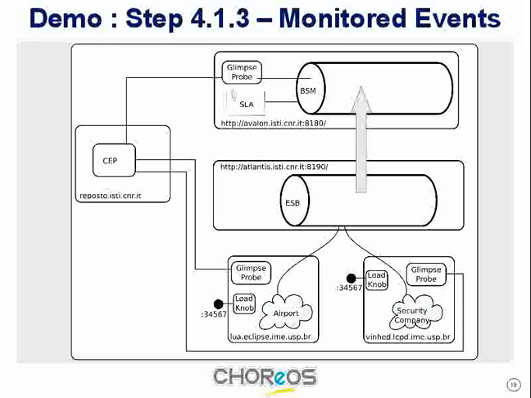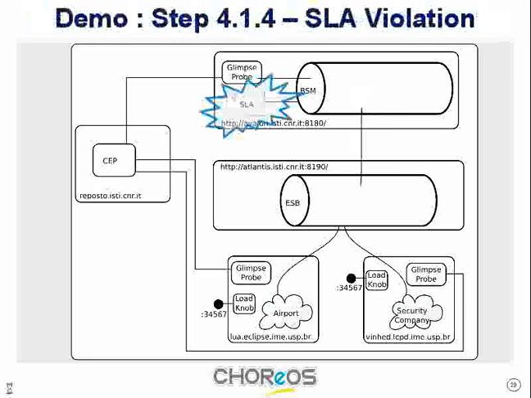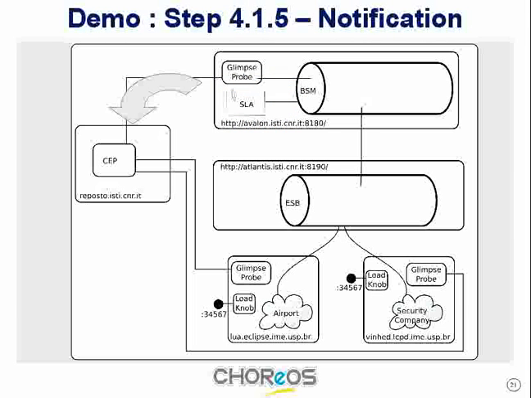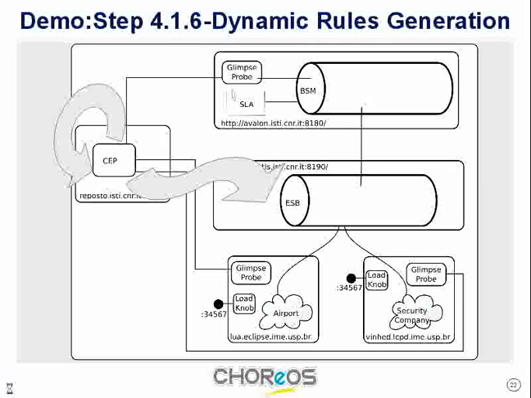The events of this interaction are sent to the BSM, and the BSM analyzes them, and if an SLA violation occurs, then the BSM, through the Glimpse probes, notifies the CEP.